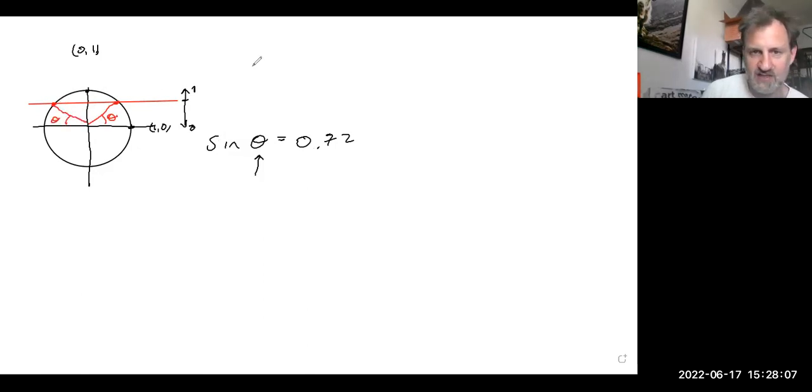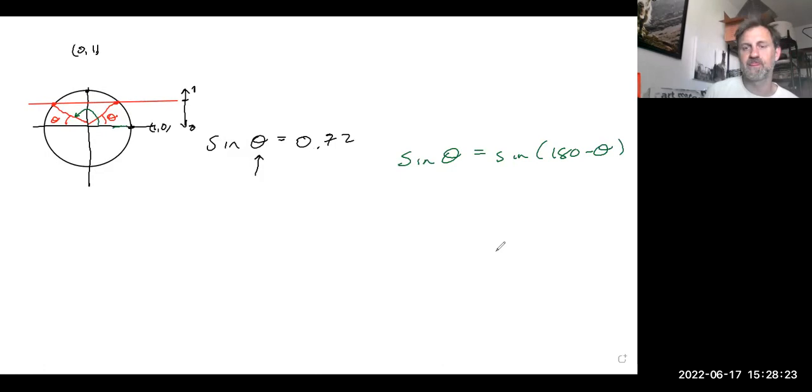And we established that if this angle is theta, that means that this other angle, measured from the reference line here, is 180 minus theta. So we have this fact: sine theta is equal to sine of 180 minus theta. Now, of course, there are more solutions. We've got two solutions so far.